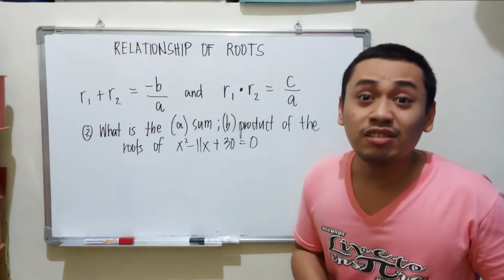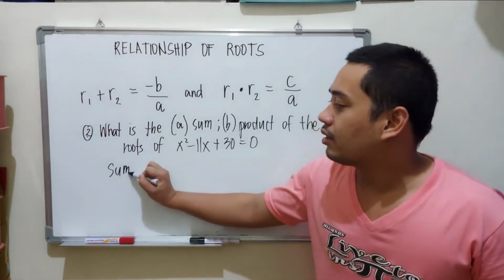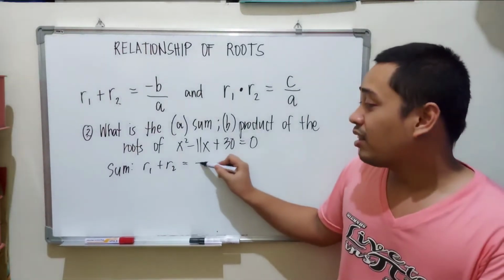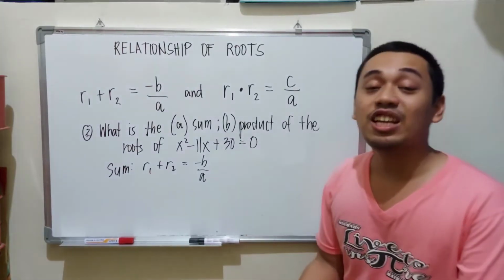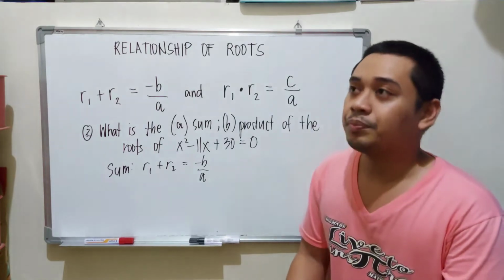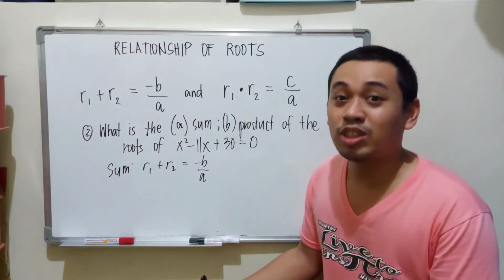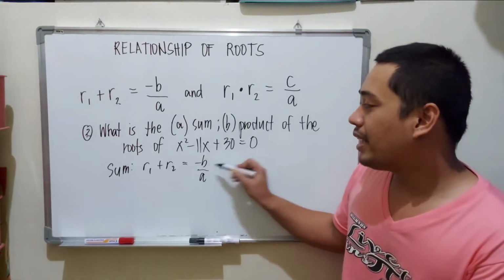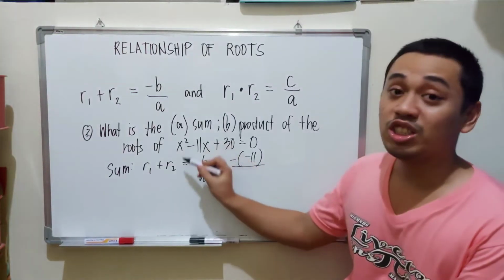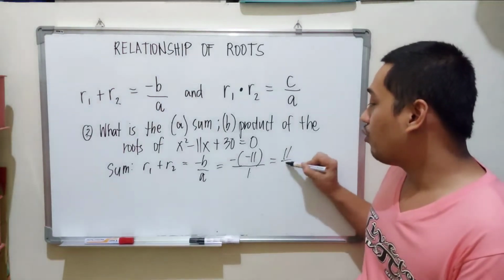So kung alam na natin ang relationship of roots that the sum is equal to R1 plus R2 is equal to the negative B over A ng ating equations, or yung negative sum ng mga roots, we can know for a fact na inenegate lang natin yung sign ng middle term, tapos yun na yung sum, because we take B, which is negative 11 over A, which is 1. Then, negative times negative 11 is 11 over 1.